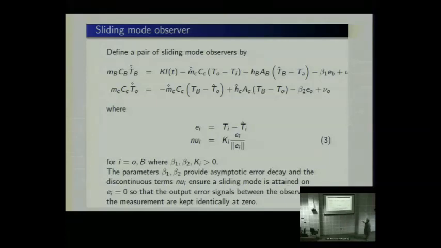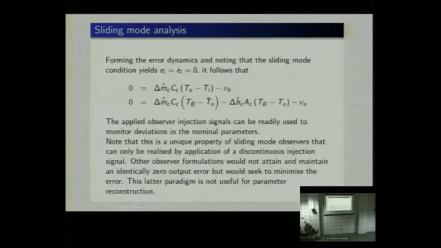This discontinuous injection makes sure we can attain a sliding mode. And then we can look at the difference between the two, the observer and the plant, to try and get some knowledge.